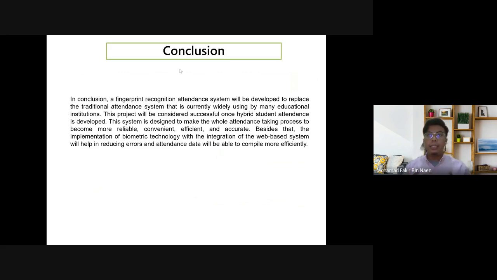This system is designed to make the whole attendance taking process more reliable, convenient, efficient, and accurate. Besides that, the implementation of biometric technology with the integration of the web-based system will help in reducing error, and attendance data will be able to be compiled more efficiently. Okay, that's all.